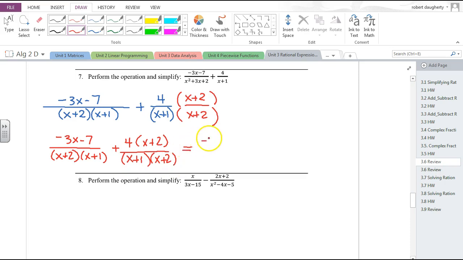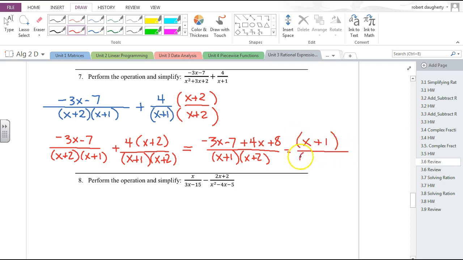So I'm going to get negative 3x minus 7 plus 4x plus 8 divided by (x plus 1)(x plus 2). On the top of that fraction, 4x minus 3x, that is x. And 8 minus 7, that is 1.